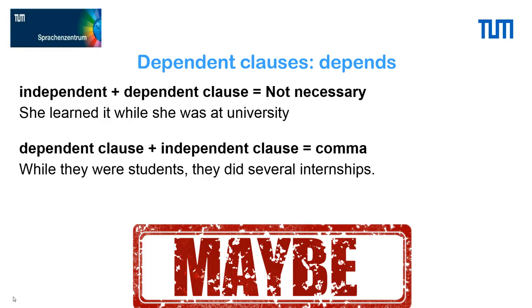So she learned it is the independent clause, and while she was at university is the dependent clause. And we wouldn't have a comma before while here. However, if you have a dependent clause plus an independent clause, then you usually have a comma after the dependent clause that begins the sentence. So here, while they were students is the dependent clause, so we put the comma after it before we get to the independent clause. They did several internships.